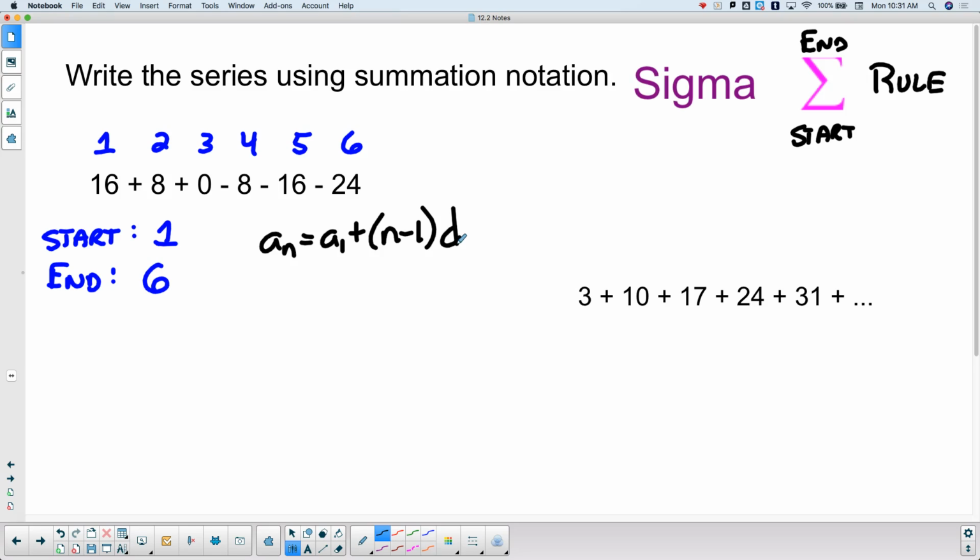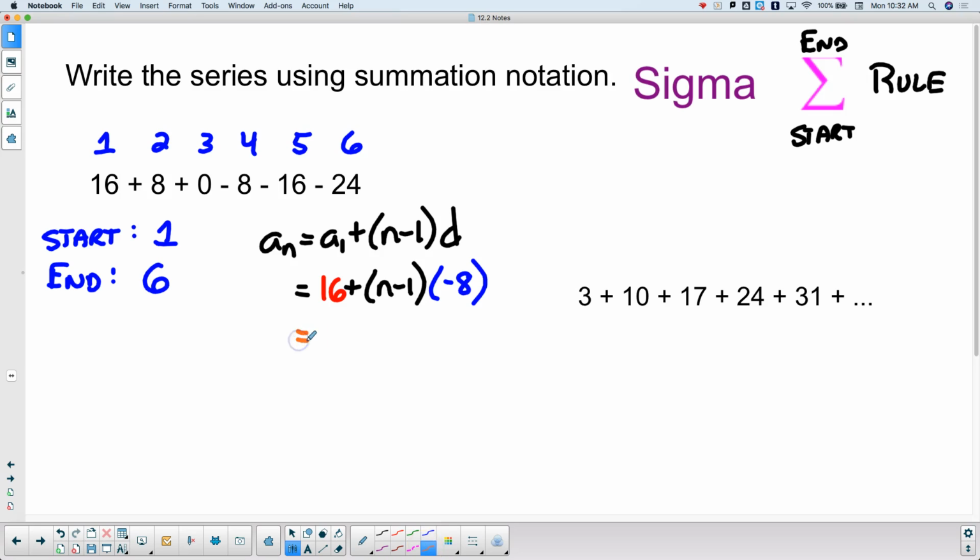My first term is 16. My common difference is I'm subtracting 8 every time. Okay. So that could be a rule.